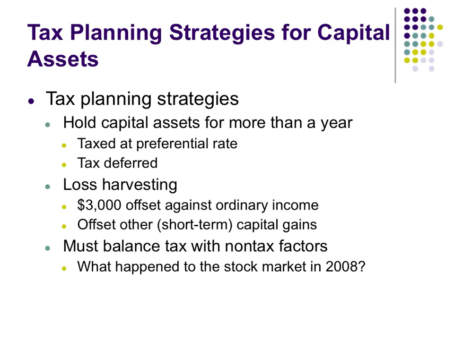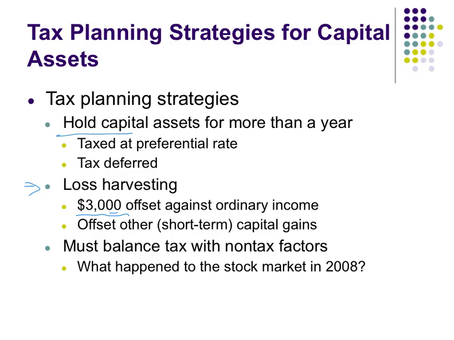All right, so let's talk about some planning strategies. Obviously, if you hold your capital assets for more than a year, you're going to be taxed at a preferential rate. Loss harvesting: you get to deduct $3,000 for AGI, so you can offset capital gains with losses.